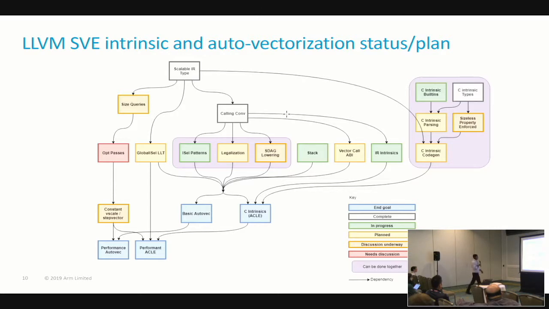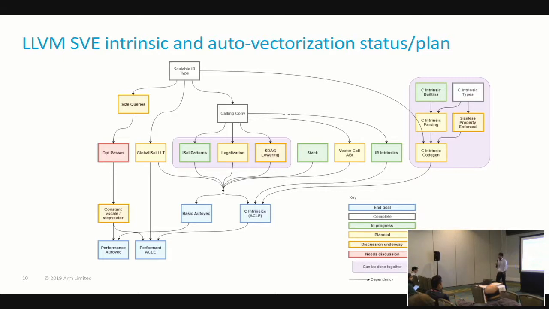So for example, the optimization passes, the constant vscale and global SLP, those things are going to be interesting in the next 6 months. If you watch the LLVM dev mailing list, you'll see these conversations going on right now. So anyone who wants to know when it is done, it's a whole bunch of moving blocks that need to be finished, and eventually we'll have AutoVec and ACLE.